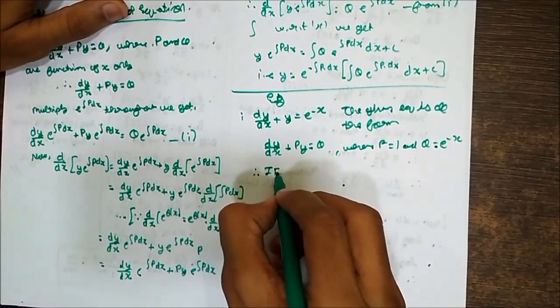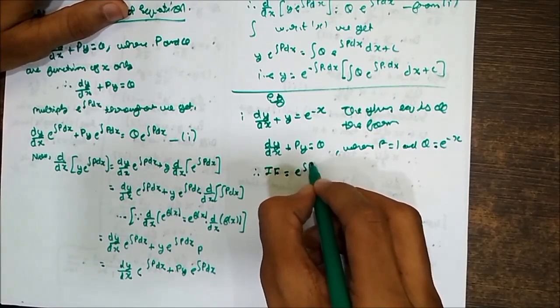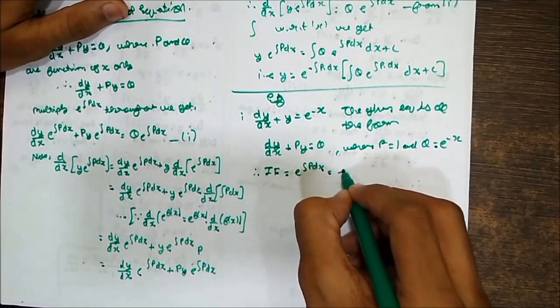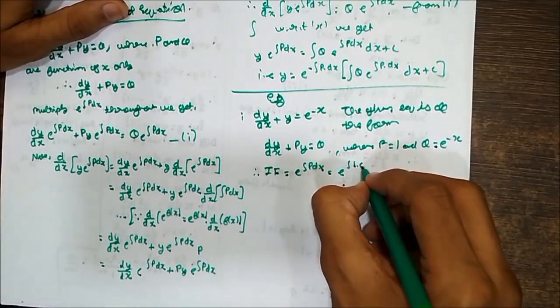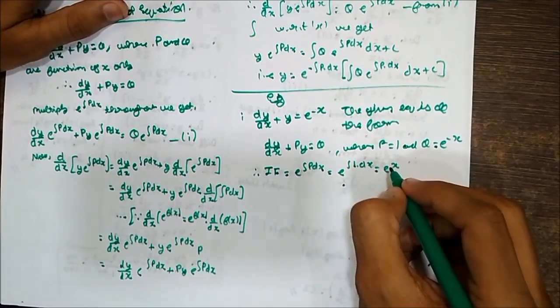Therefore the integrating factor is e raised to ∫p dx, which is e raised to ∫1 dx, which is equal to e raised to x.